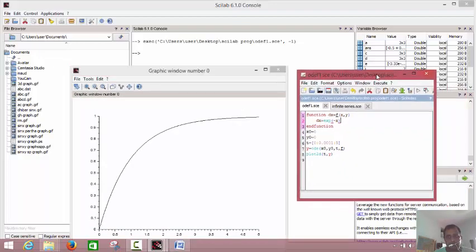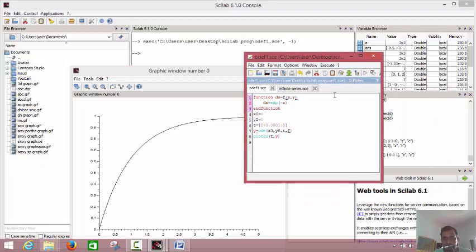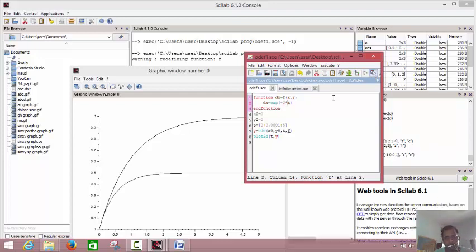We can change the value to 2 star x, and then the function looks like this. With 3x, it will move down, and a beautiful curve appears using the code.